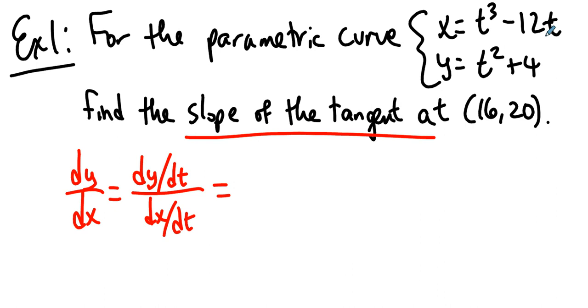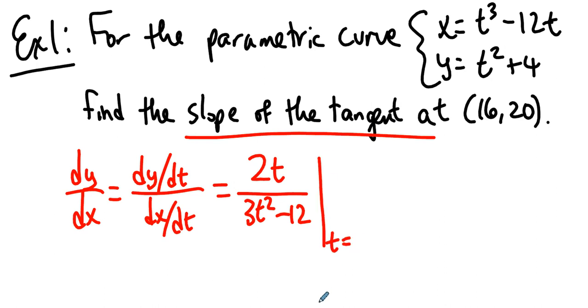Well, dy/dt, that's the derivative of y, that's 2t. And dx/dt, well, that's still not bad. dx/dt is the derivative of x, that's 3t squared minus 12. And all we have to do is evaluate, well, there's got to be some t that generates (16, 20).